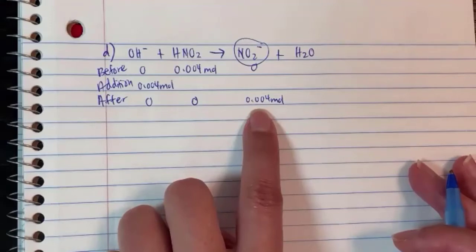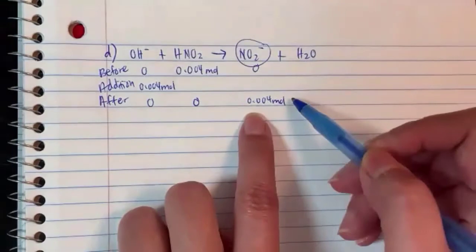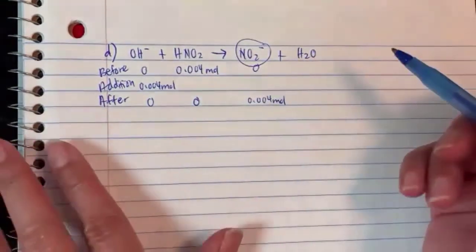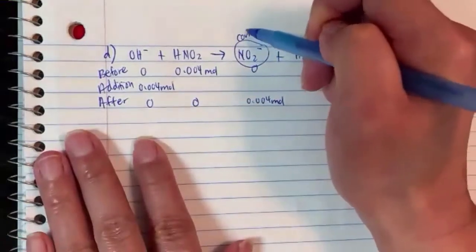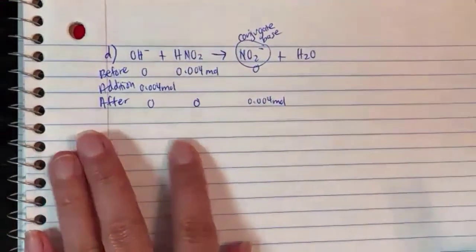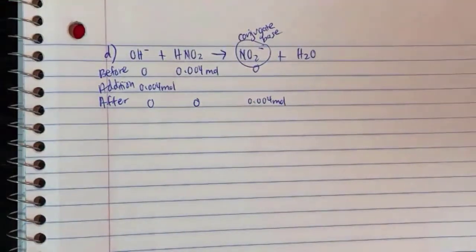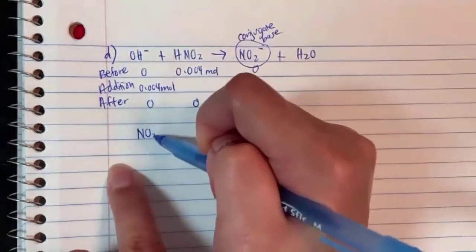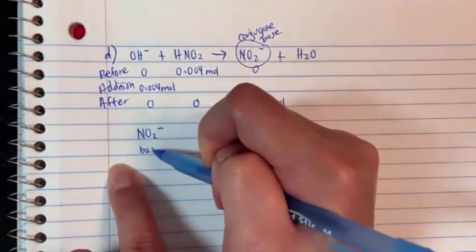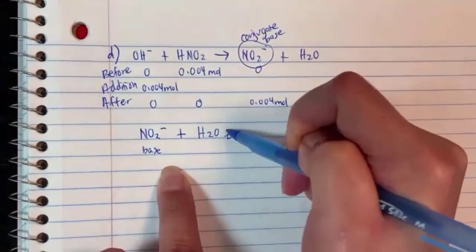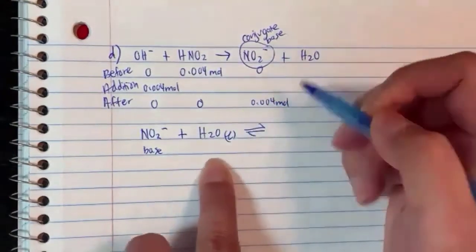Maybe it helps. Okay, so we have 0.004 here. So now it becomes a weak base problem because this is my conjugate base. So if I have NO2 negative as a base, I want to write an equation, add it with water.